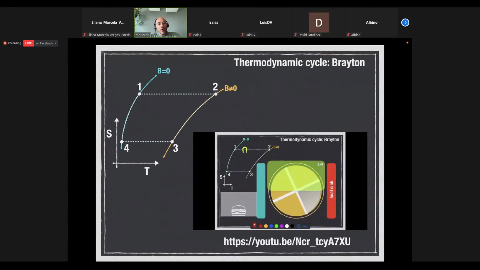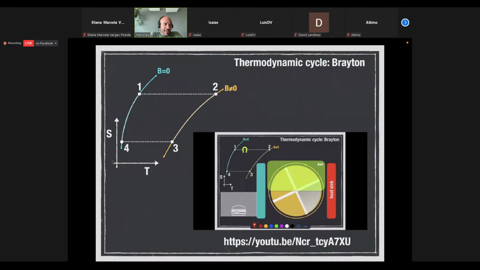Based on these two potentials, it's possible to make several thermodynamic cycles. One very common cycle used for magnetocalorics is the Brayton cycle.